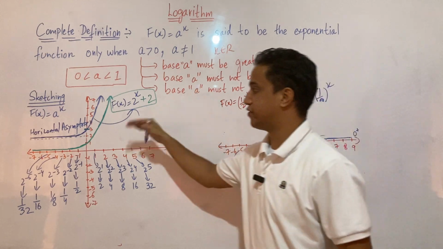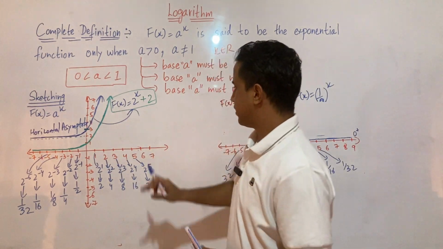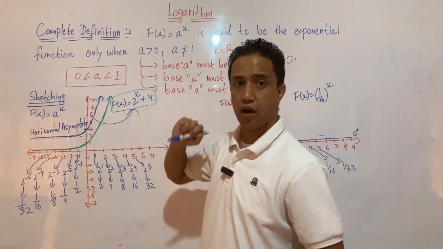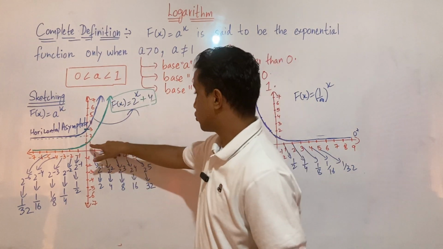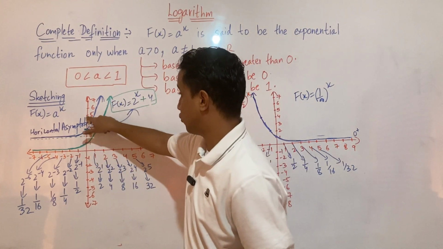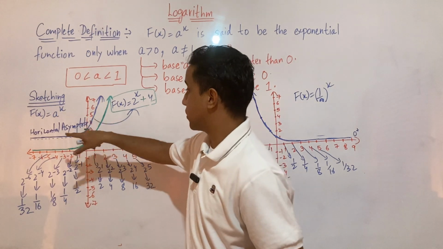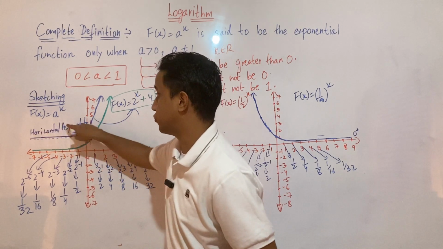Sometimes they can shift the y-intercept, no problem. For example, if it is 4 here, it will shift 4 units up. So 1, 2, 3, 4, so the y-intercept is going to be at 5, and your horizontal asymptote is going to be formed here at 4.